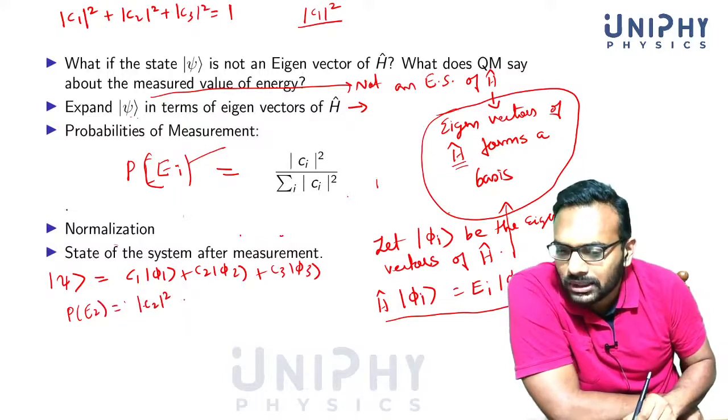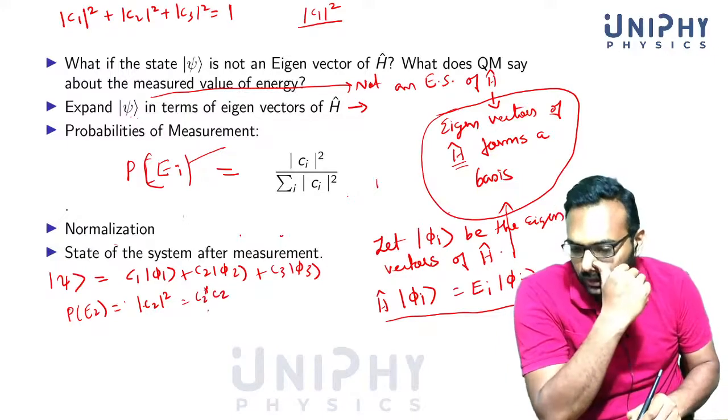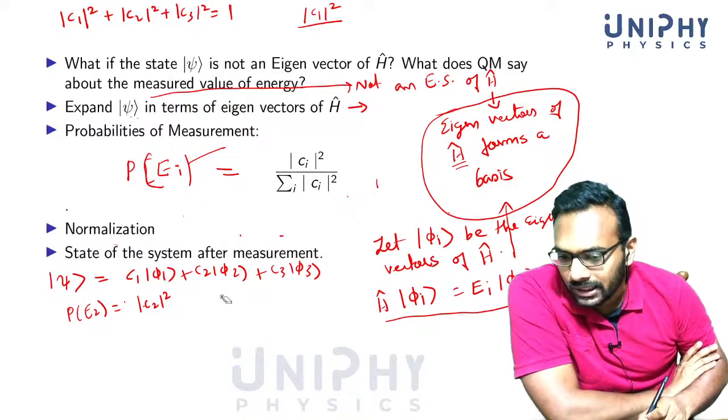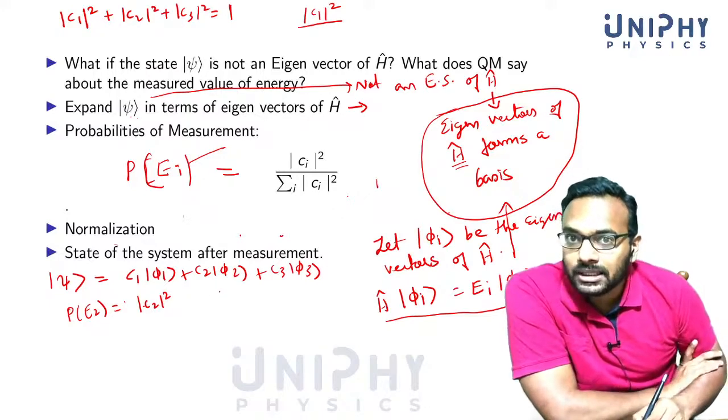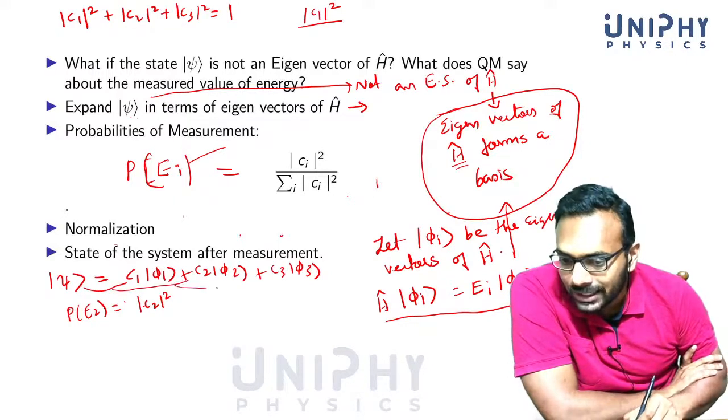What do we mean by modulus C2 square? You take the complex conjugate and multiply by it. That's modulus square. So this is the probability of measuring energy value E2. Now after you make a measurement, as I said, this state is in a superposition of all these three energy states.